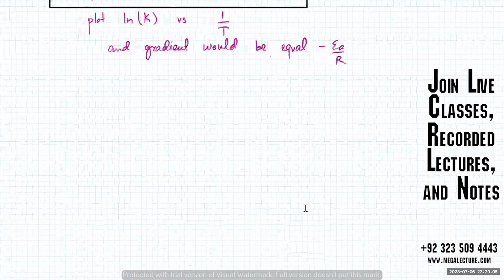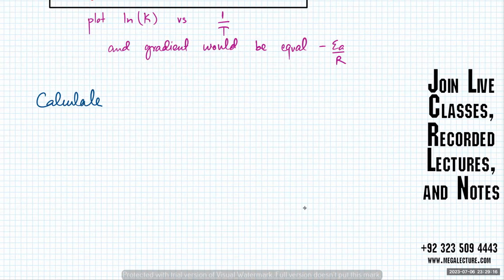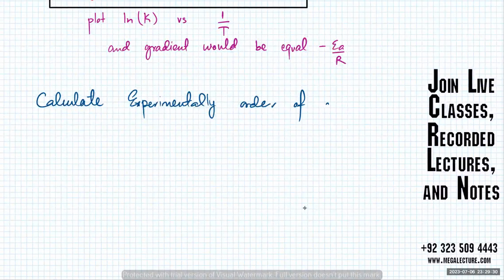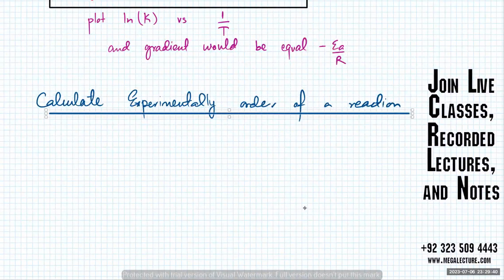How do you calculate experimentally? Although what we did was experimental, let's calculate experimentally the order of reaction, or not the order of a reaction, but the order of a specific reactant.